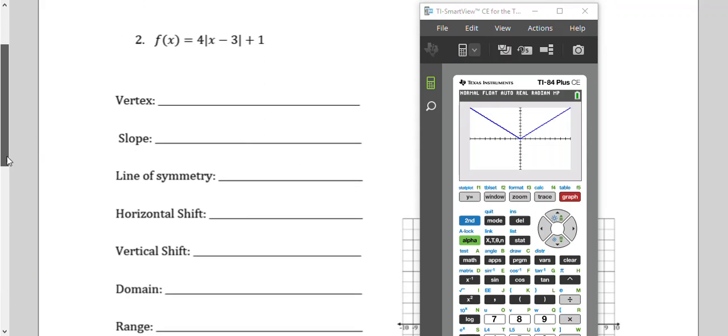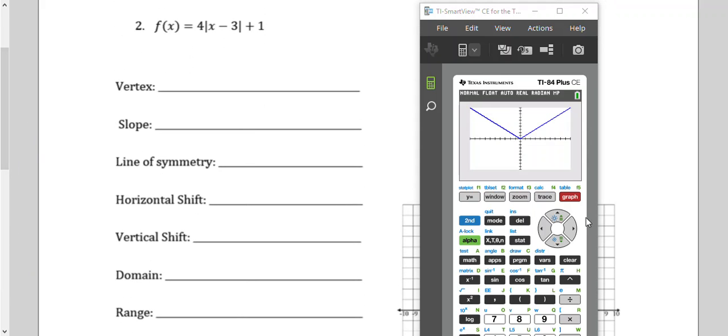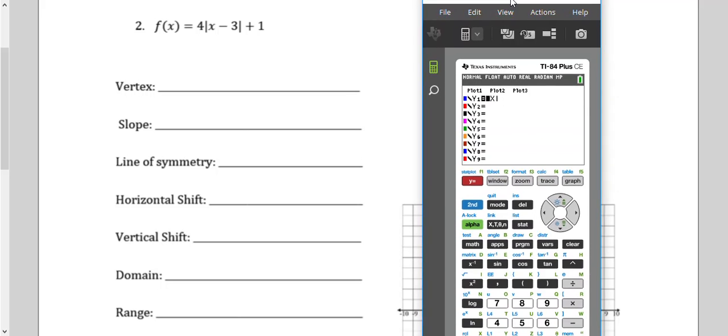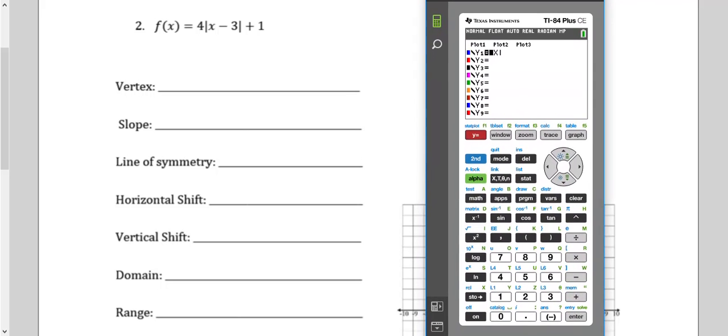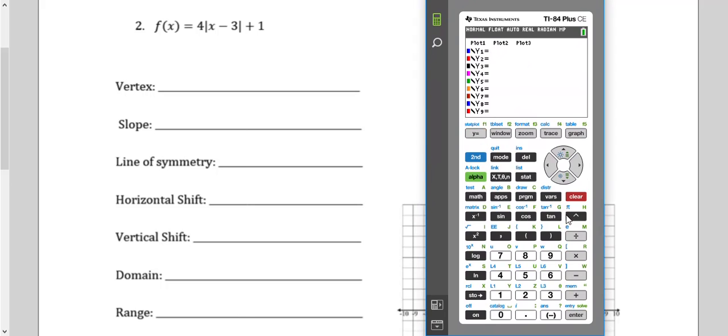Alright, the next example here, absolute value of x minus 3 plus 1, so we're just going to graph it. There you go.